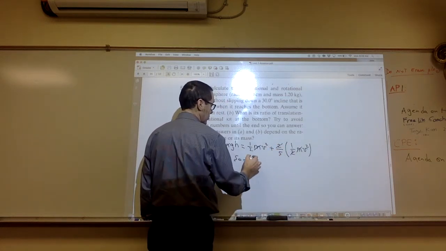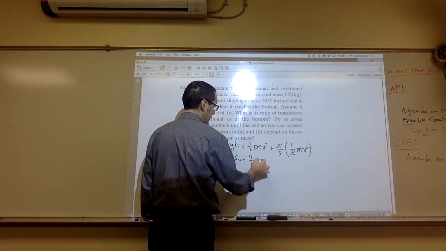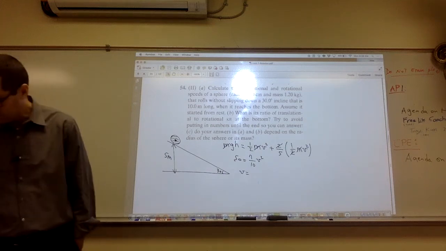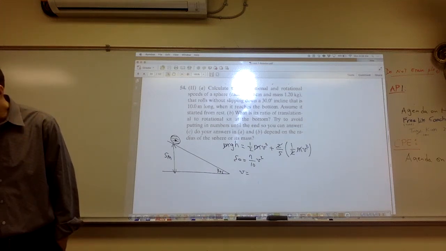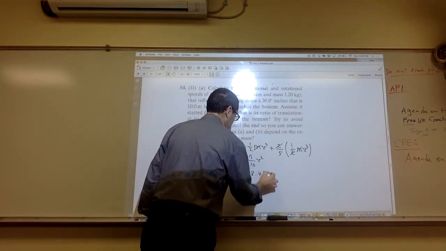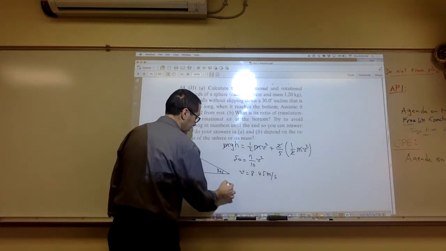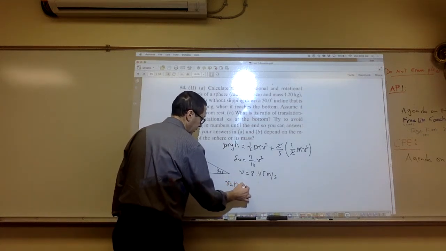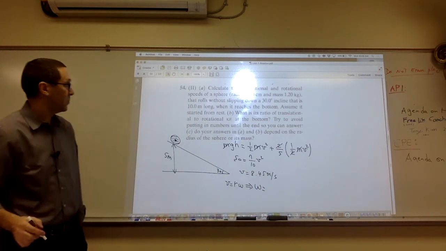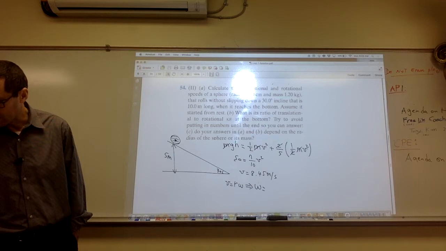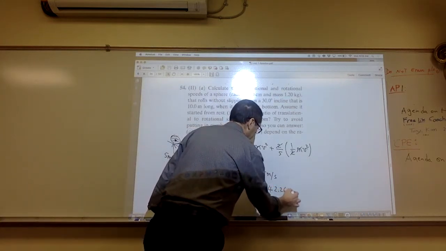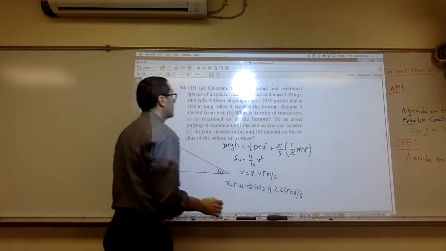And a fifth, that should be 7/10 of V squared, and V equals 8.45 meters per second. Now to find the omega, we're just going to do V equals R omega, and omega is going to be equal to 8.45 divided by 0.2, not 20 I mean. So it's 42.26 radians per second.